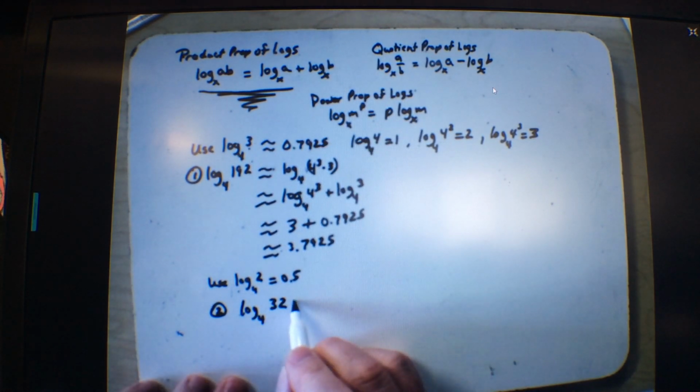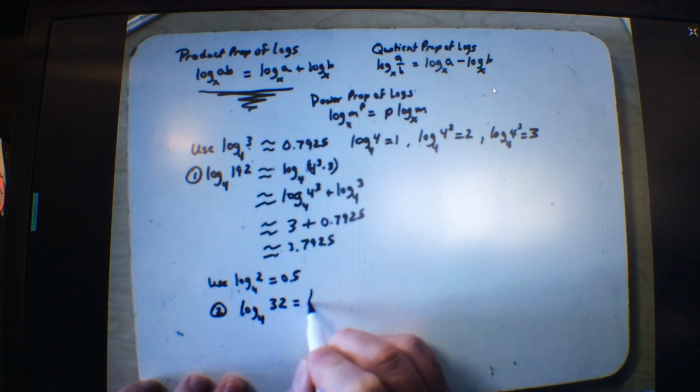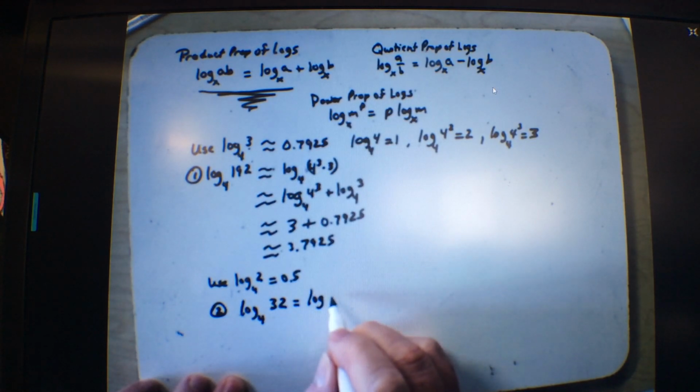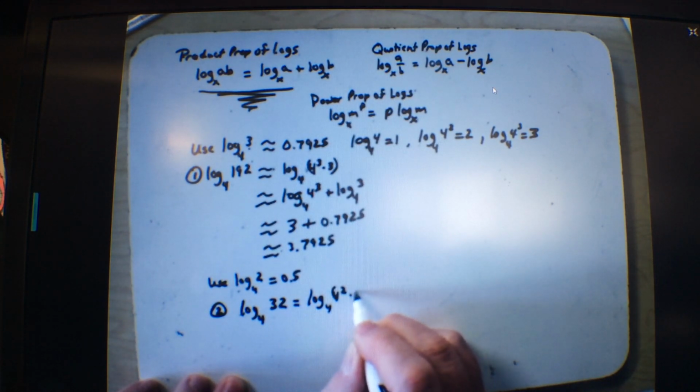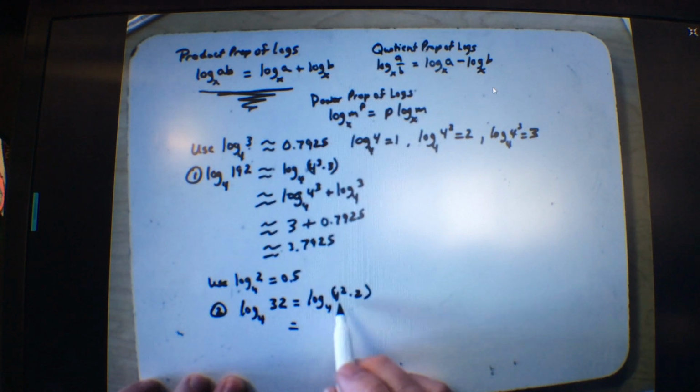Okay? Did you hear her? She said if you take 4 squared, base 4, 4 squared times 2, you'll get 32. Is that correct? Yeah.